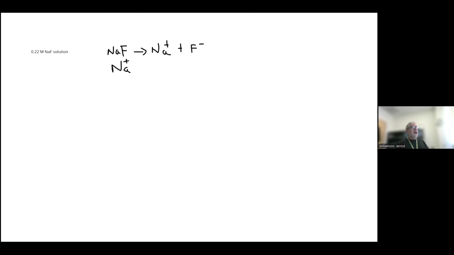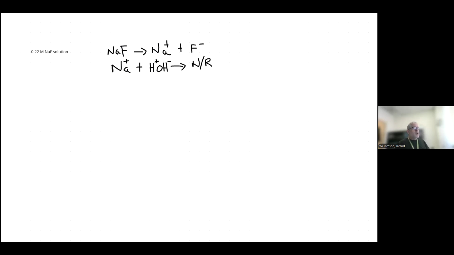We see if it'll react with water. And remember the little gimmick. We think of water as H plus, OH minus, and that's going to try and make sodium hydroxide, which is a strong base. We won't have any reaction from that.